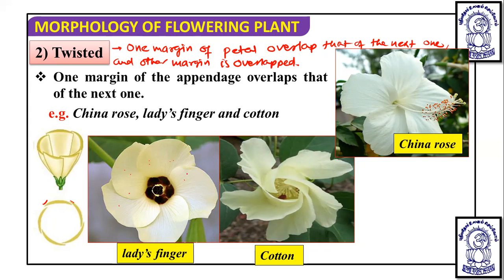So if you take this petal, this margin you can see it is getting overlapped and this margin is overlapping. So such is known as a twisted condition.